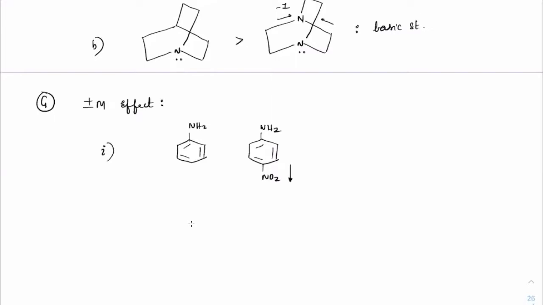So NO2 group is giving both minus M and minus I, right beta? So therefore, which is more basic? The first one will be more basic.